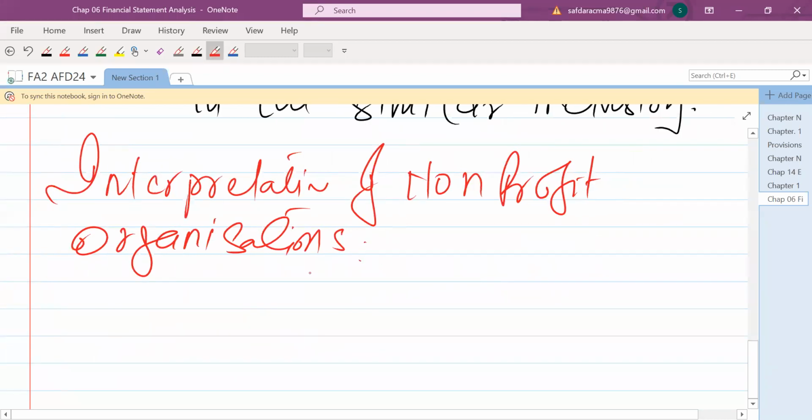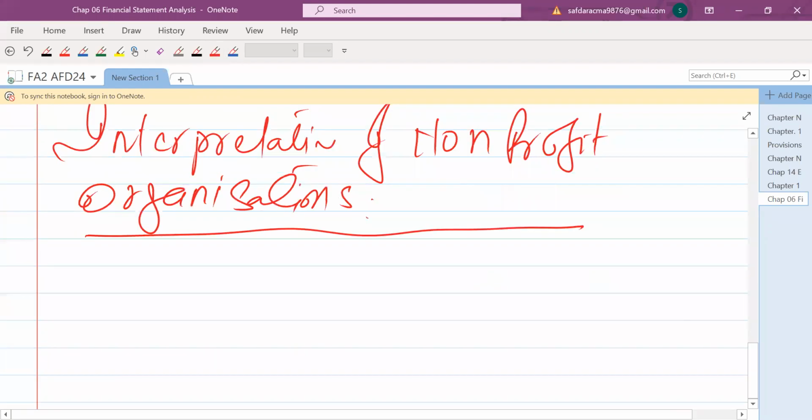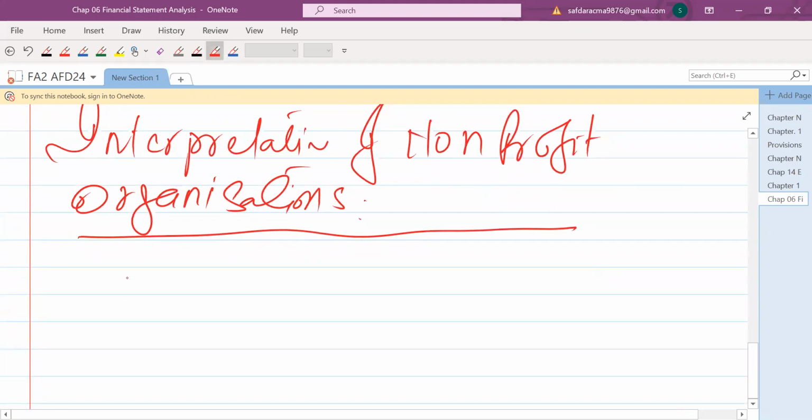Non-profit organizations are those organizations who are working for the welfare of the society, not for earning profit.